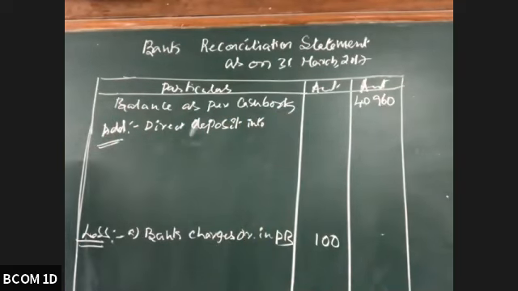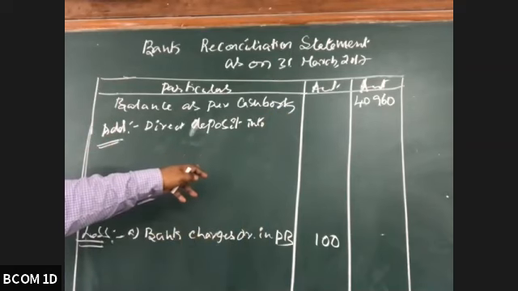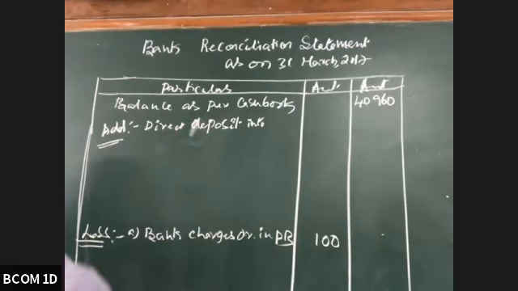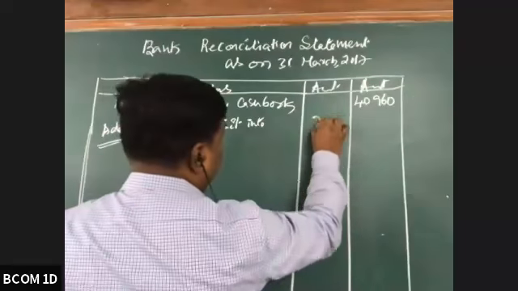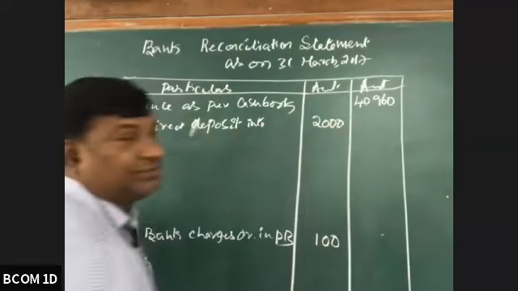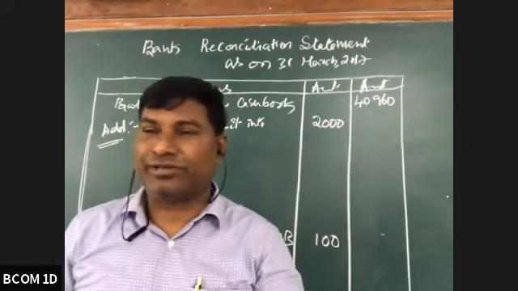This is not shown in the cash book. As per cash book, the amount is less, but as per passbook, because of the deposit, the passbook balance increases. So to make it equal, you have to raise the cash book balance also by adding 2,000. Right. Next, what's the next transaction?